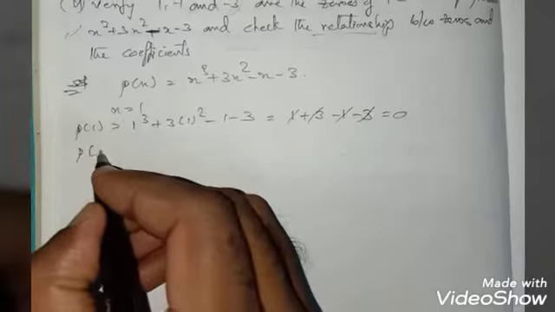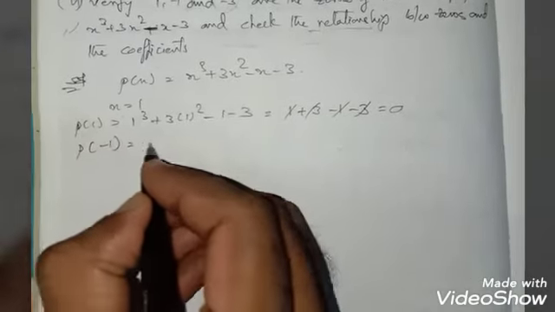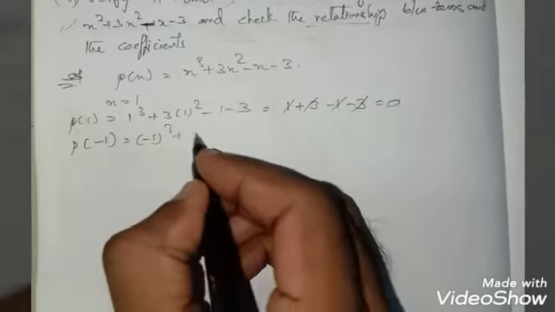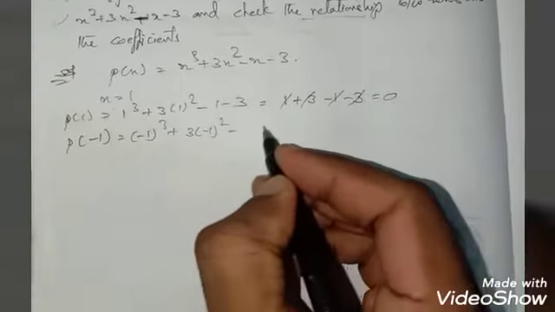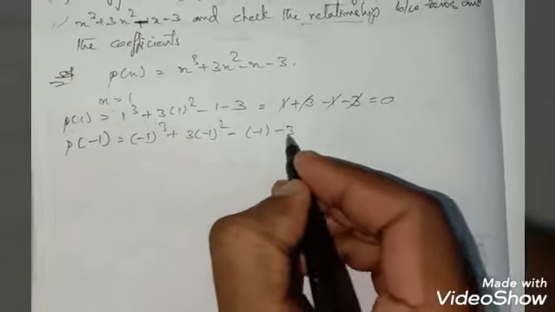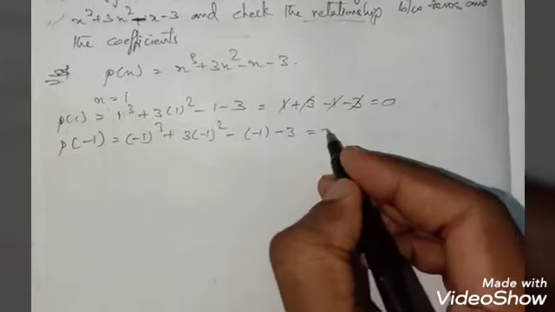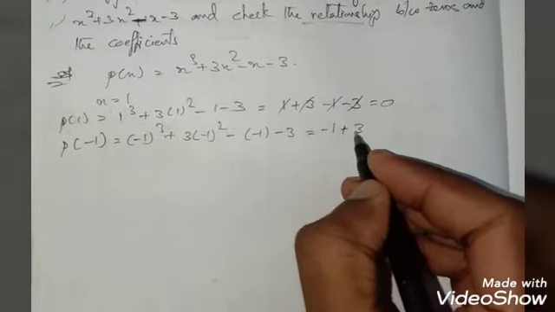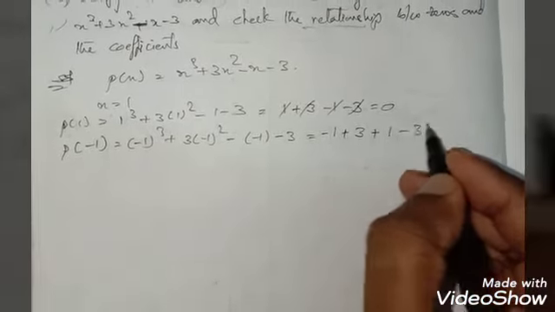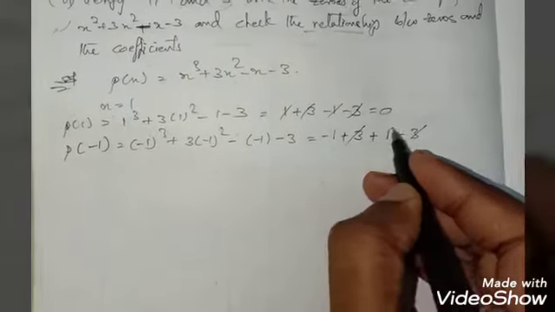Now p of minus 1 is minus 1 cube plus 3 into minus 1 square minus of minus 1 minus 3. Minus 1 cube is minus 1, plus 3, plus 1, minus 3. Minus 3 plus 3 cancel, plus 1 minus 1 cancel, answer is 0.